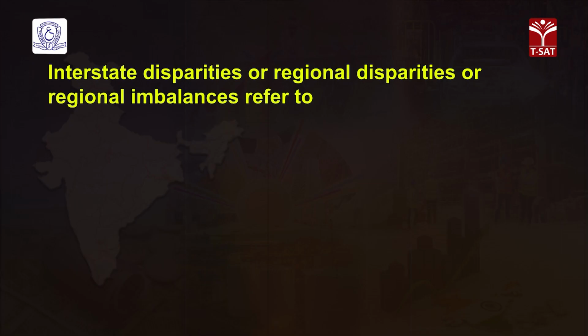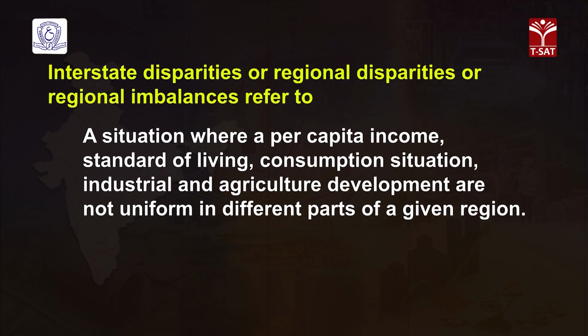Interstate disparities, or regional disparities or regional imbalances, refer to a situation where the per capita income, standard of living, consumption situation, and industrial and agricultural development are not uniform in different parts of a given region. The backwardness of the state could be the result of either regional diversity or disparity.